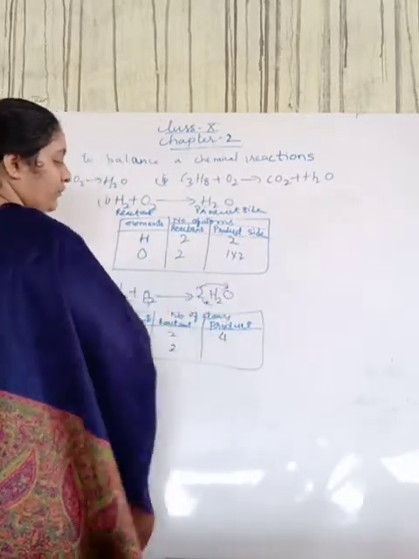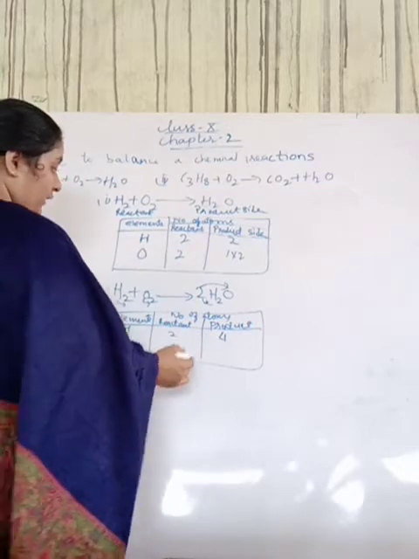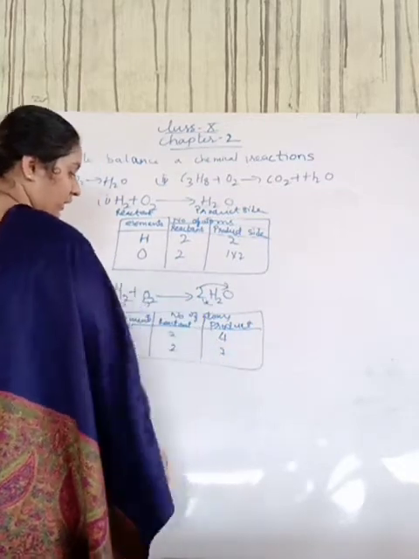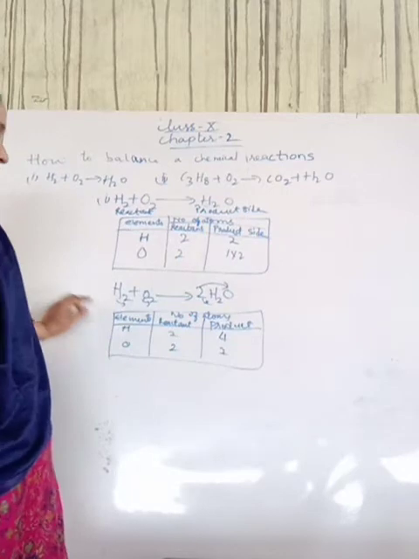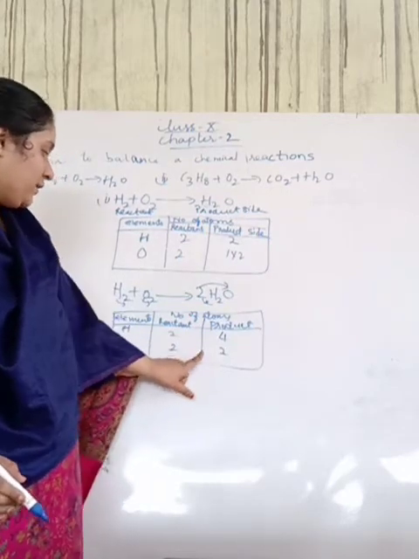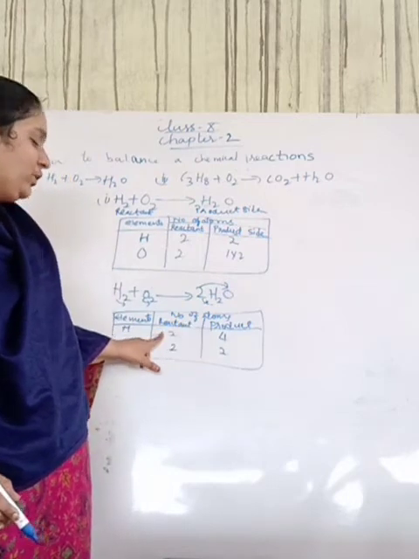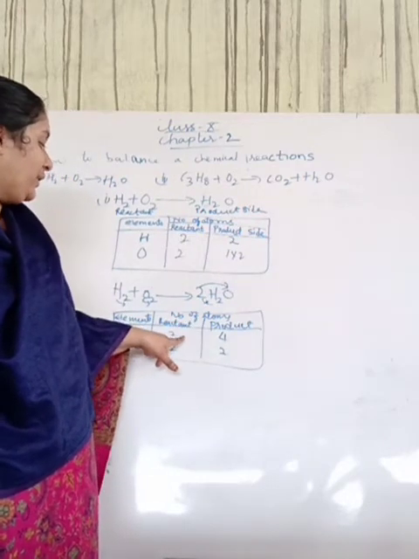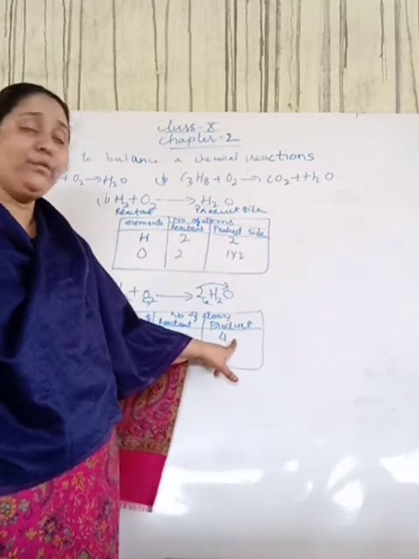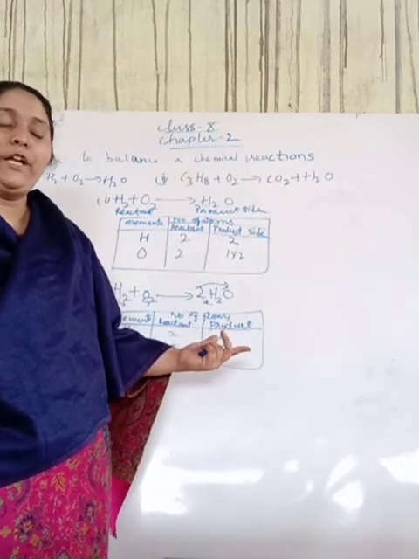Again this 2 we should give it to oxygen. So 2 oxygen. Now, what we have seen here, oxygen is balanced. Reactant side 2 and product side 2. But hydrogen we can see students, here 2 hydrogen and here 4. What number we should multiply to get 4?